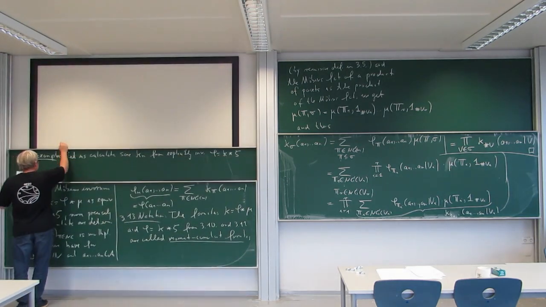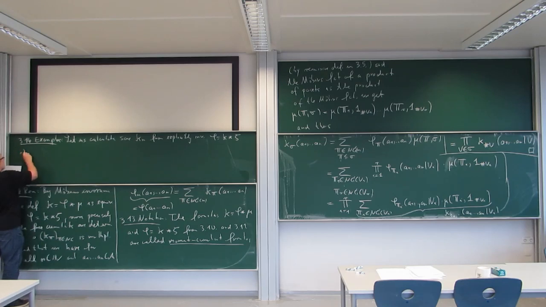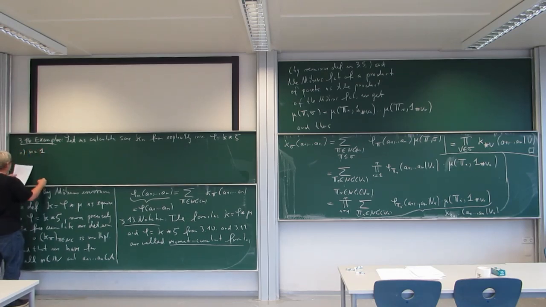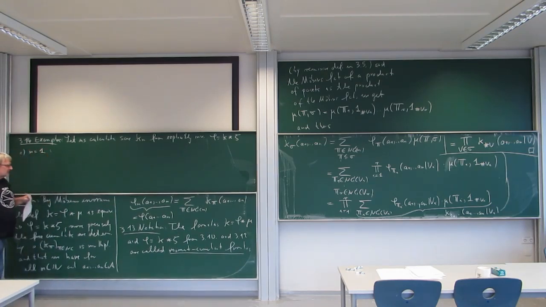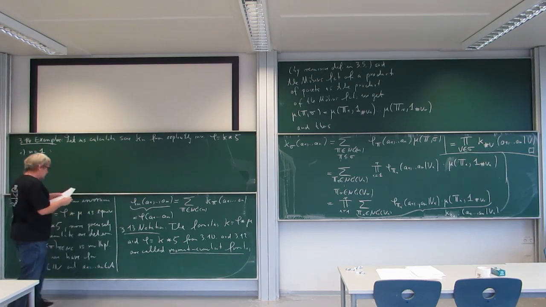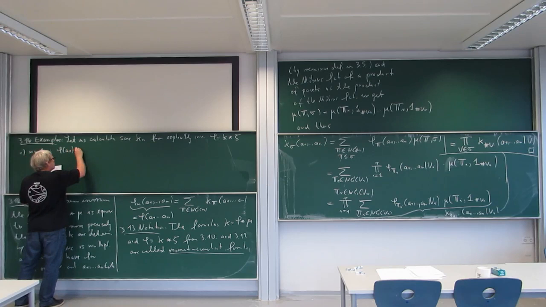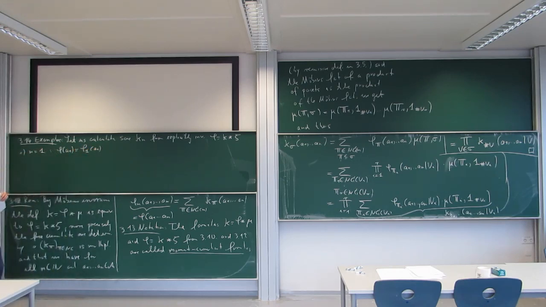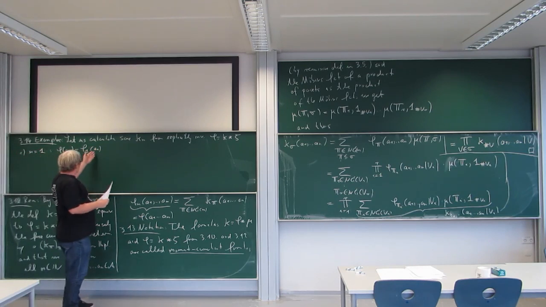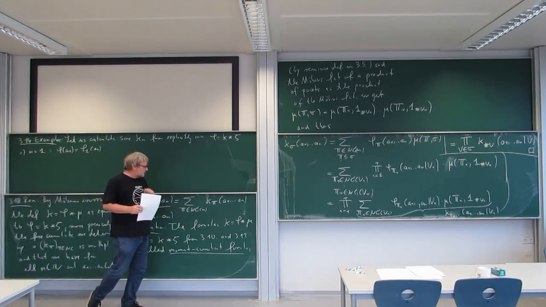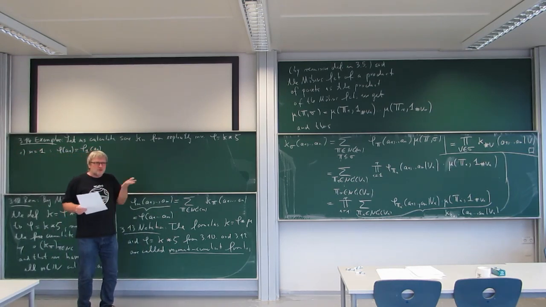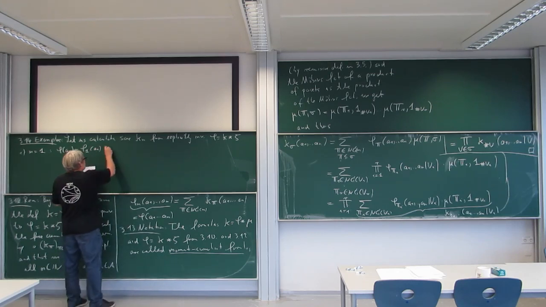Okay, so a very simple case, of course, is n equal to 1. What does this formula tell us? It says that phi of a1, which of course is the same as phi 1 of a1, is a sum over non-crossing partitions of one element, but of course there's only one such non-crossing partition.